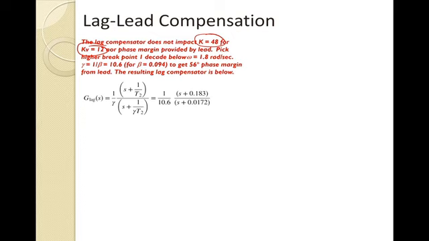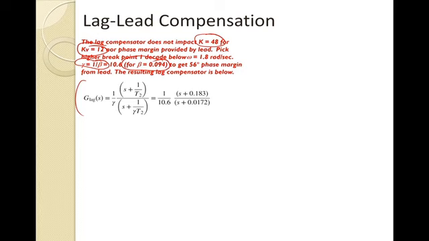We're going to define gamma as 1 over beta, and essentially that comes out to be about 10.6. Given our beta term of 0.094, the inverse is about 10.6, to get our 56 degrees of phase margin from the lead, as we stated on the previous slide. The resulting lag compensator is shown below.